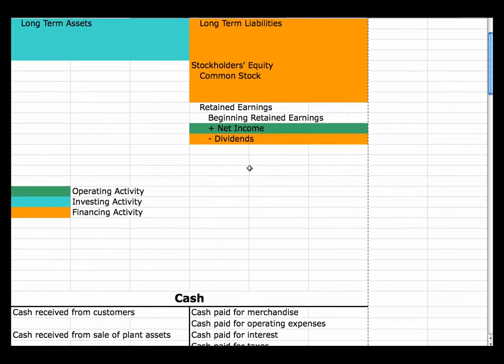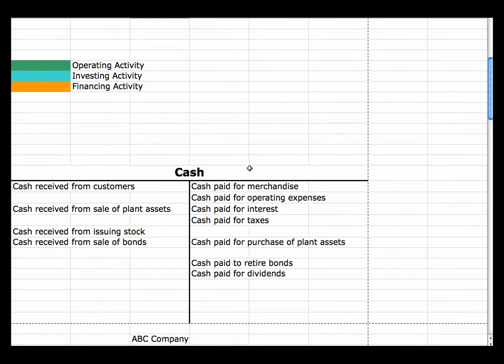So, for example, cash received from customers can either be derived from cash sales transactions with your customers or from the collection of accounts receivable.